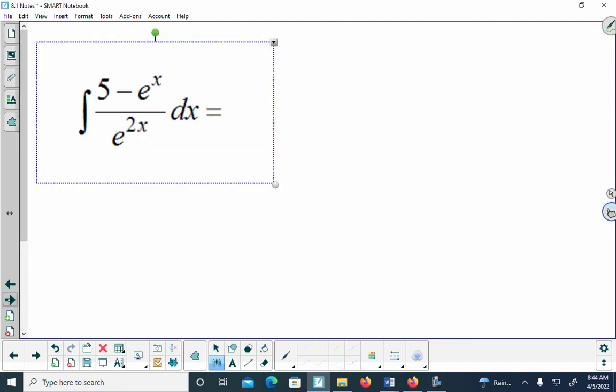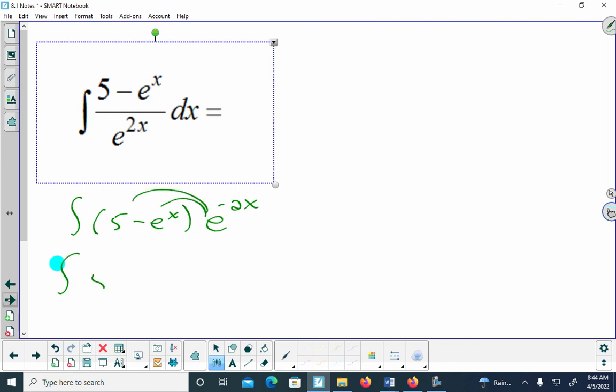I have this, so I am going to rewrite it first and make this 5 minus e to the x, and then times e to the negative 2x, because I brought it up from the denominator. And then I decide to distribute this.